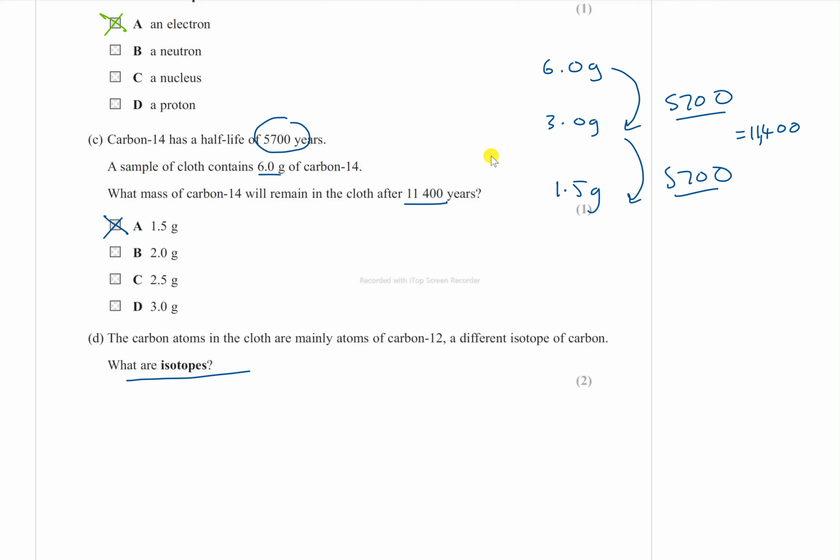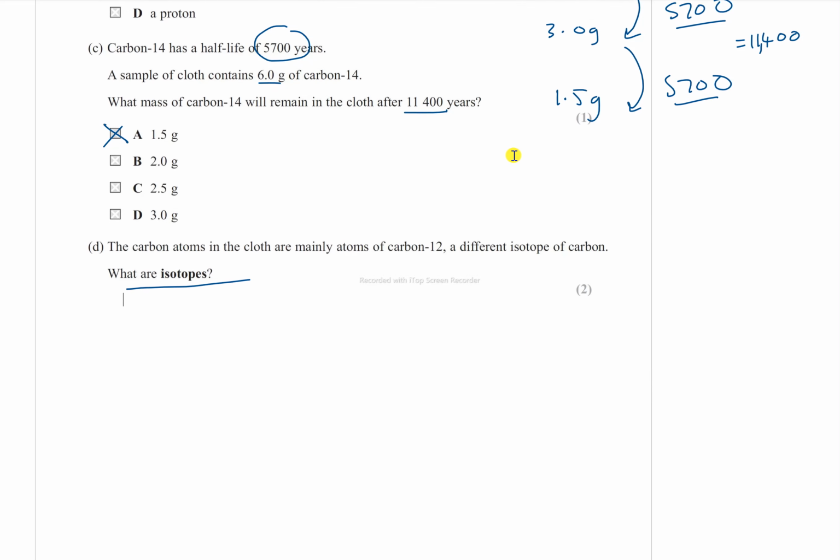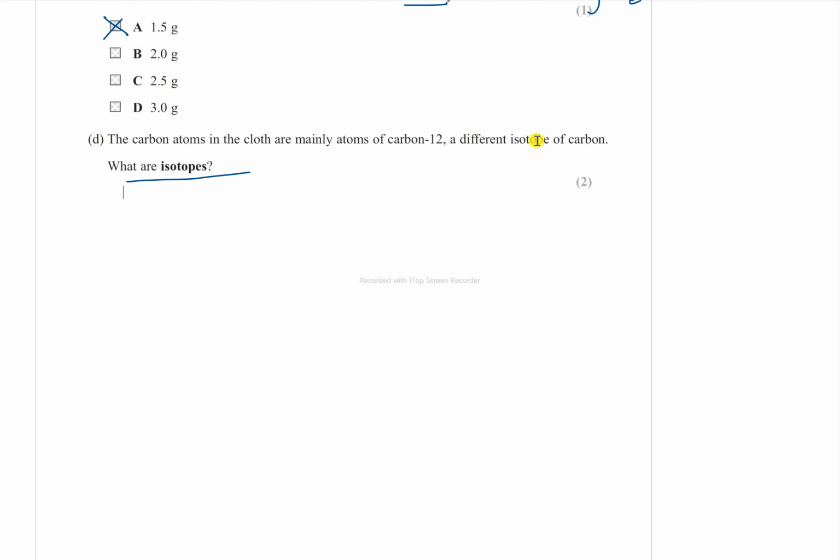Right, what is an isotope? So how they've defined it is like this: atoms with the same proton number. Oh no, let's not use that, that would be silly, we're making stuff up. With the same number of protons or atomic number.